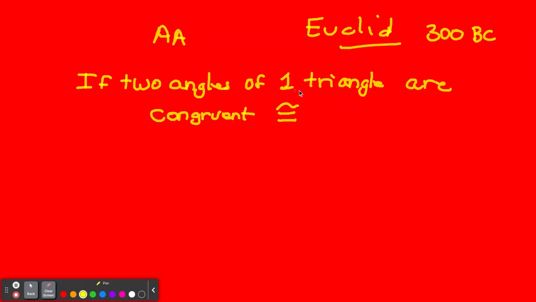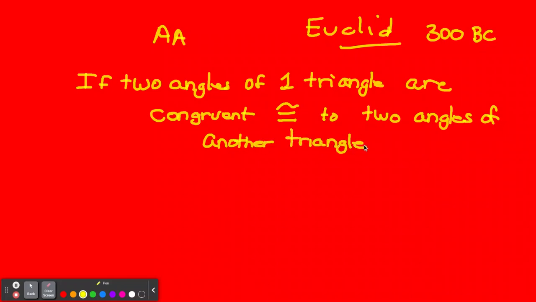So if two angles of one triangle are congruent to two angles of another triangle, guess what?